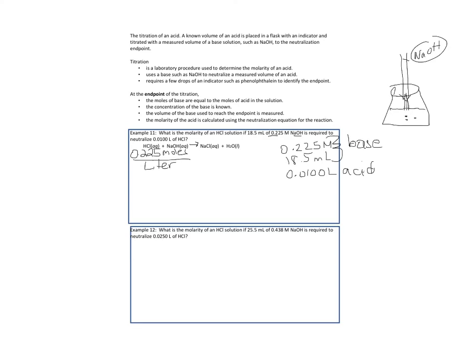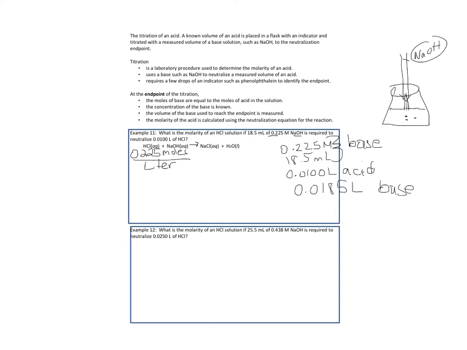Now, we don't have an entire liter of our base. Instead, we have 18.5 milliliters. Since our molarity is in moles per liter, we need to convert our milliliters into liters, which means dividing by 1,000. So we have 0.0185 liters of our base.